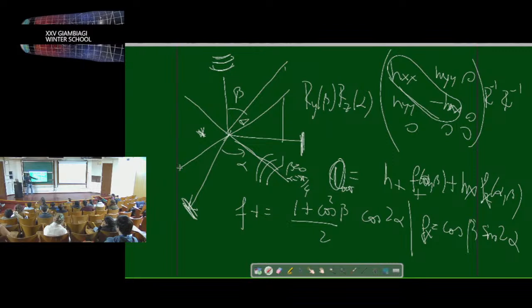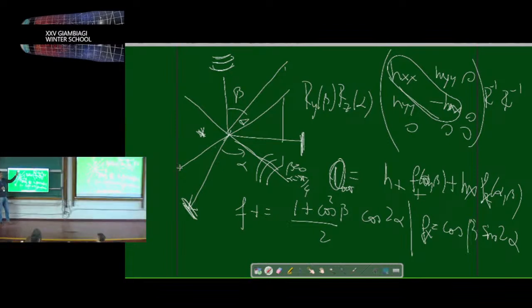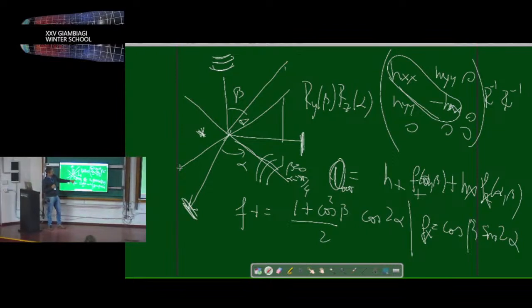So when beta is equal to 0, the response to F plus and F cross is exactly the same as it should be, because alpha is a redundant angle. You only need beta equal to 0. So this formula doesn't actually apply exactly at beta equal to 0, just because polar coordinates do not make sense there, because alpha is meaningless at beta equal to 0.